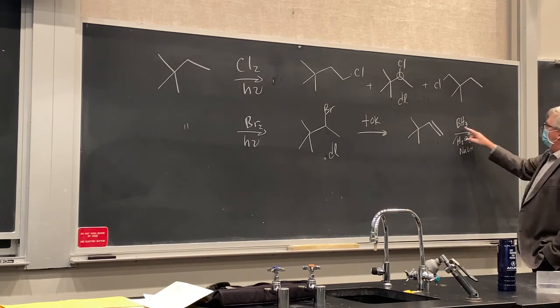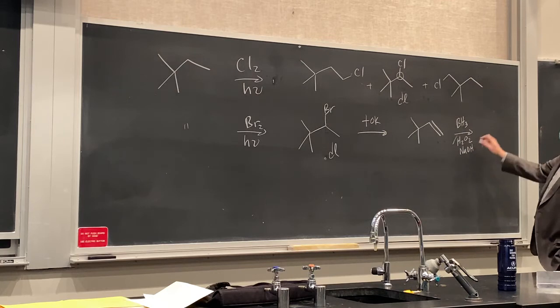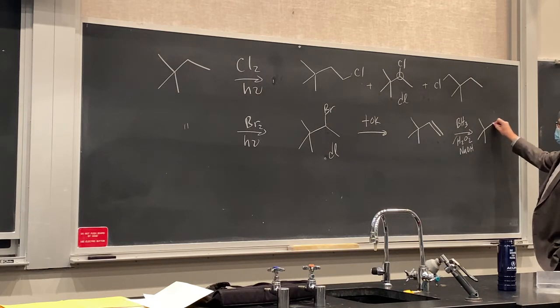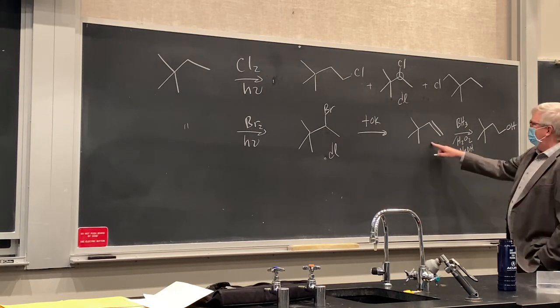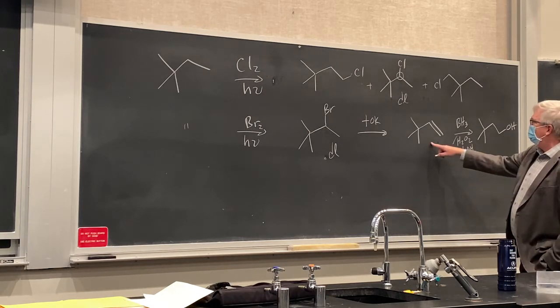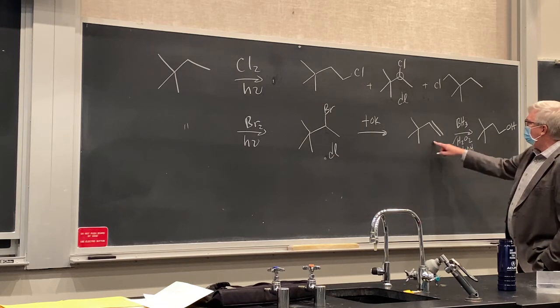You'd want to show the borane, peroxide, and sodium hydroxide again, and that would give us what? The less substituted alcohol product. So going from the alkane to the alcohol, yeah, there's a synthetic thing, a few steps here. Could do a lot of other things from here, addition-wise.